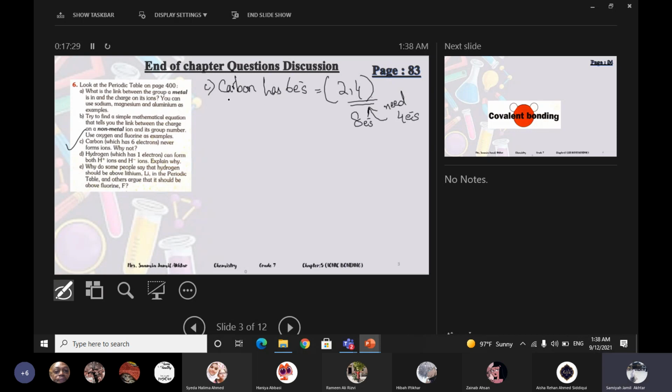Listen carefully, carbon has equal tendency or ability to donate or to gain 4 electrons. It means carbon can give these 4 electrons and become stable with just 2 electrons, and it can also take 4 electrons.